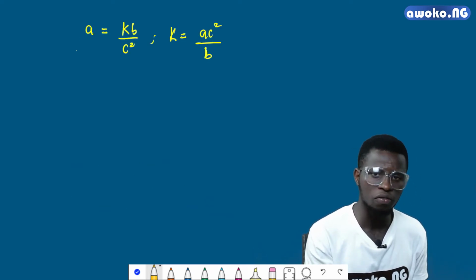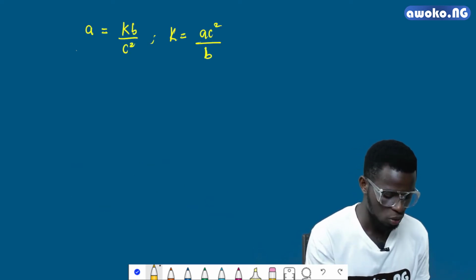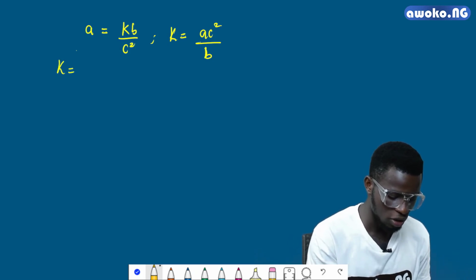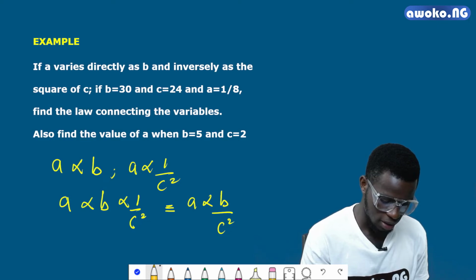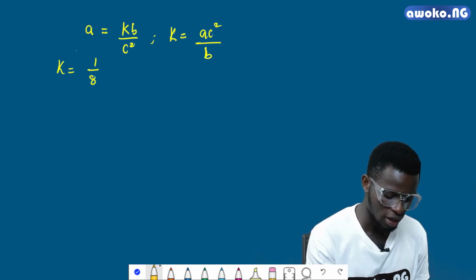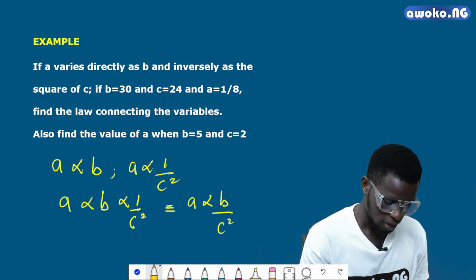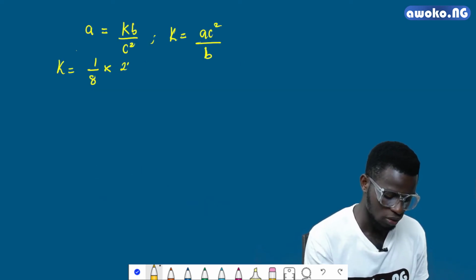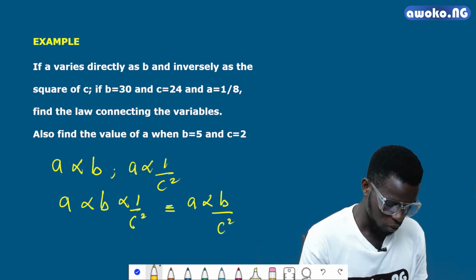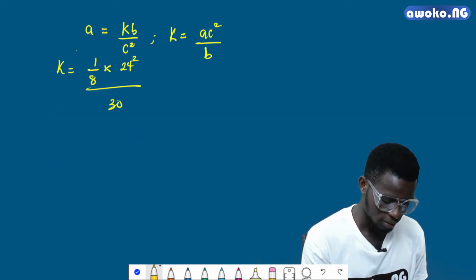If we substitute the values into this equation, we have K equal to 1 over 8 times C squared, which is 24 squared, all over B, which is 30.